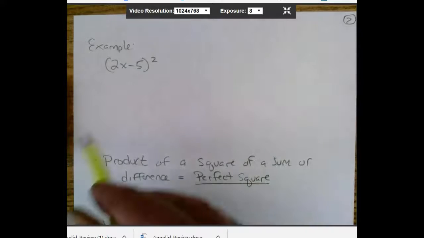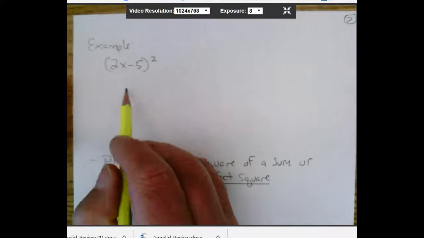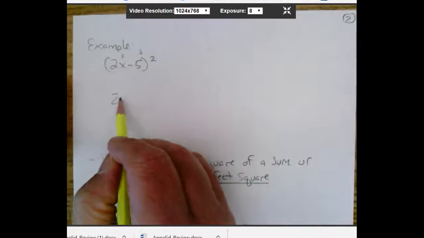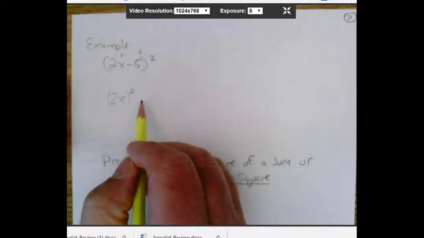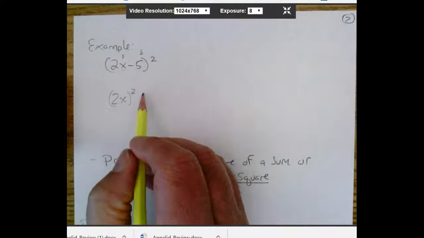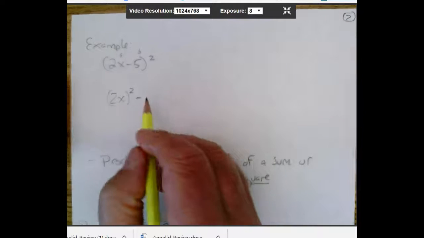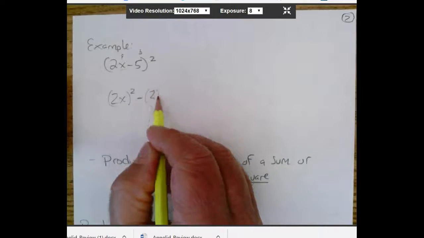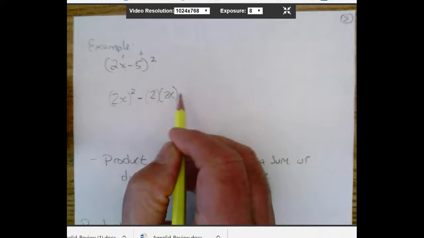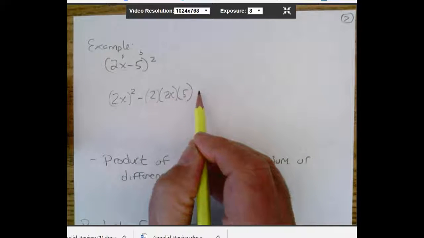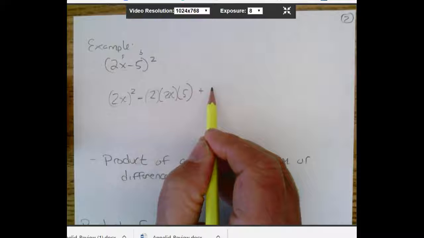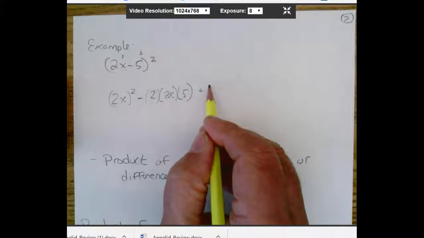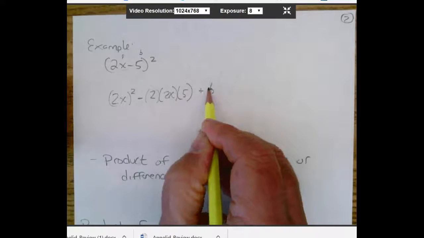Okay, so the square of this: this is our a and this is our b, so 2x squared, and then minus twice the product, 2 times 2x times 5, and then we add the square of b, which is 5.